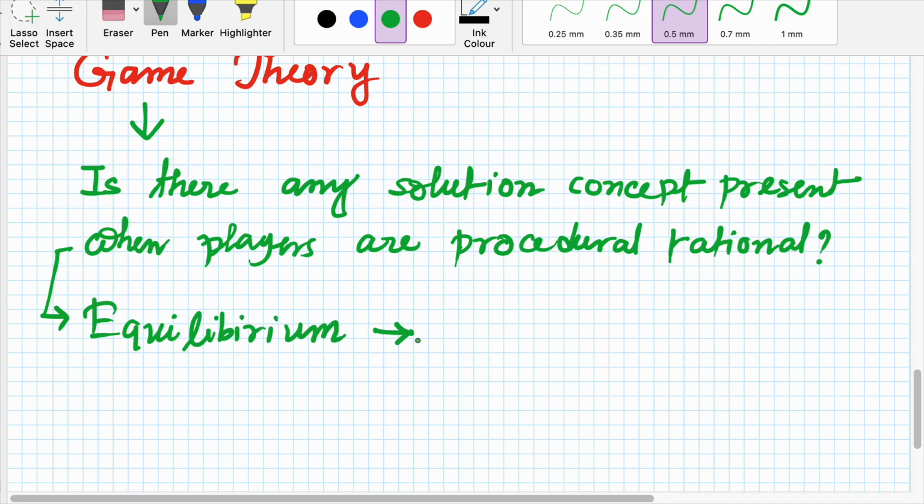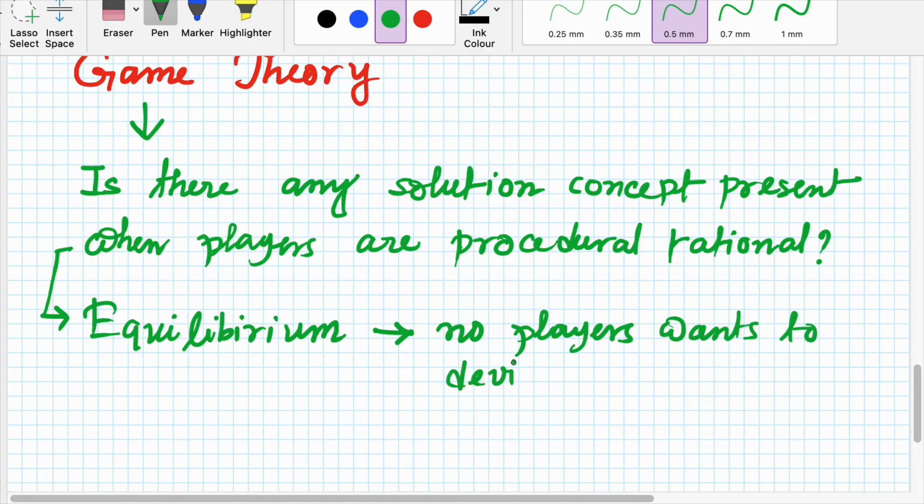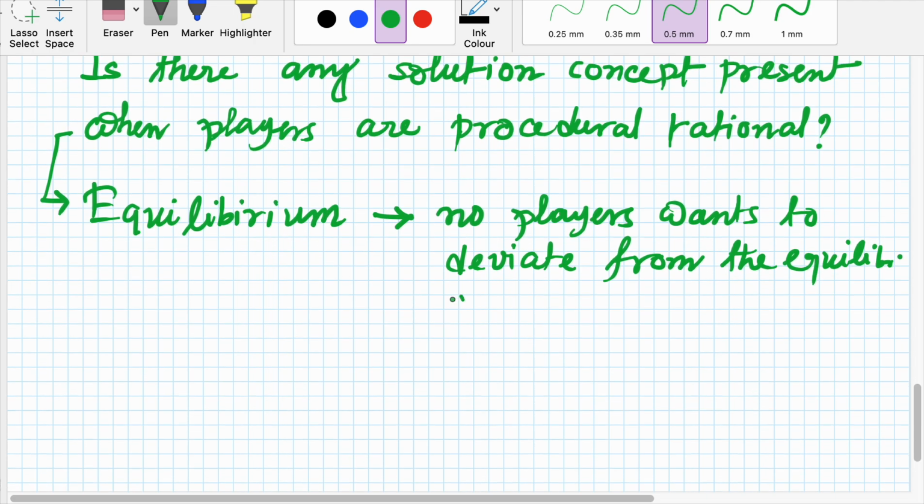So in equilibrium, no player wants to deviate from the equilibrium given other players' strategy. So we are trying to find such an equilibrium concept.